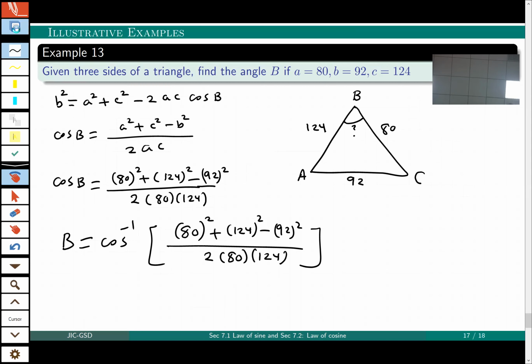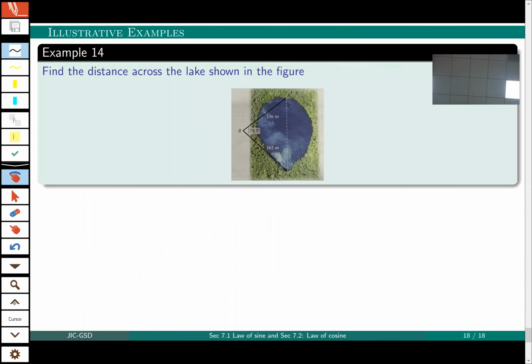Now, here he said find the distance across the lake, which means what is B?